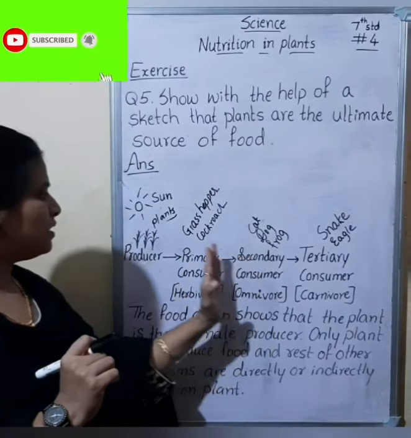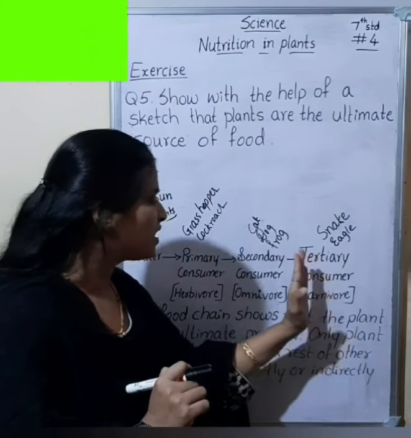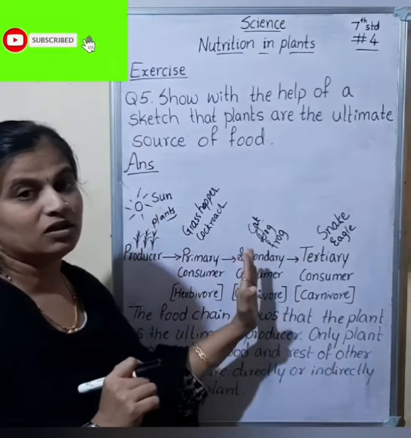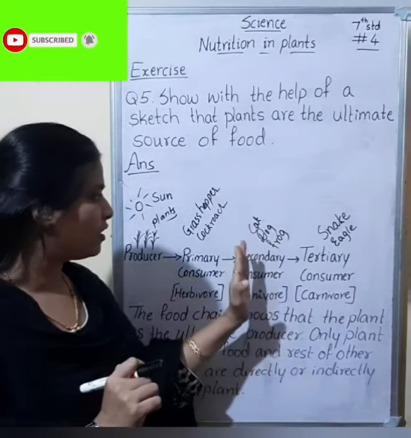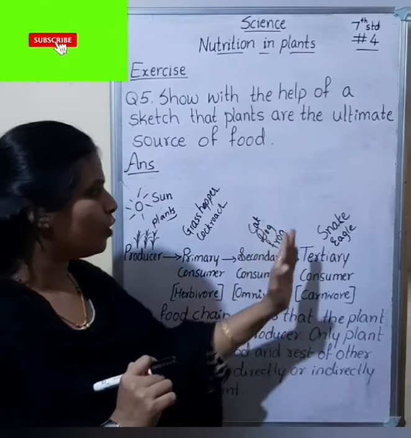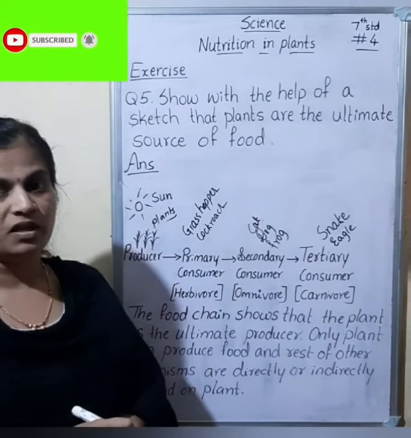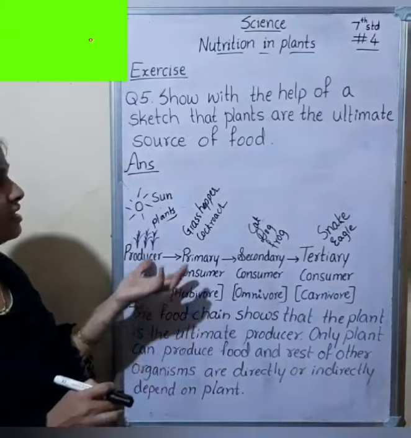So the secondary consumer depends on the primary consumer. The tertiary consumer, carnivore, completely depends on the secondary consumer for its food. Examples of secondary consumers given are cat, dog or frog, and of tertiary consumers, snake and eagle. I hope the answer is clear.